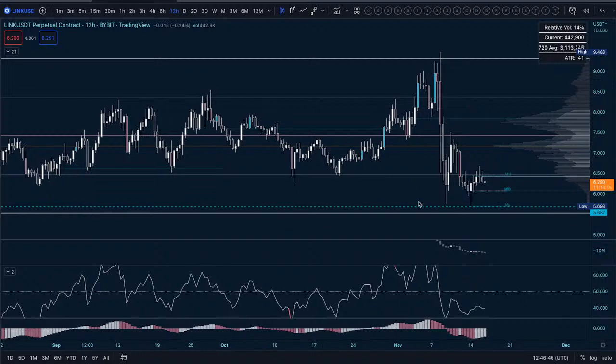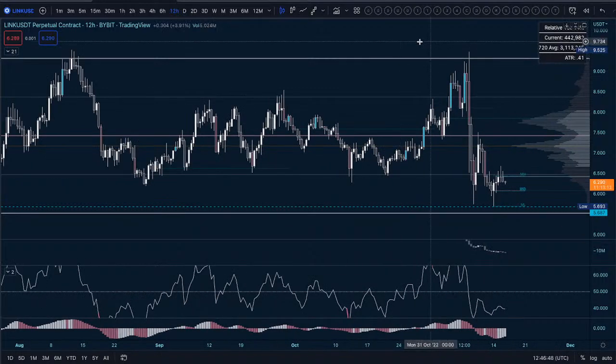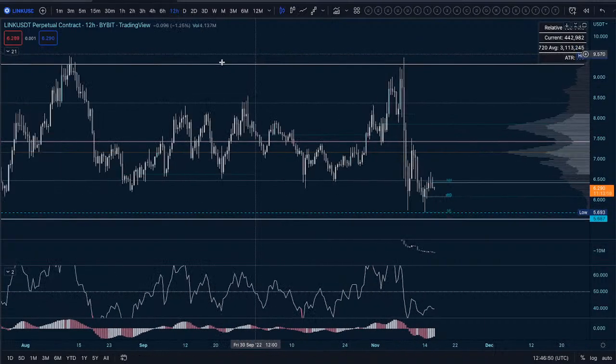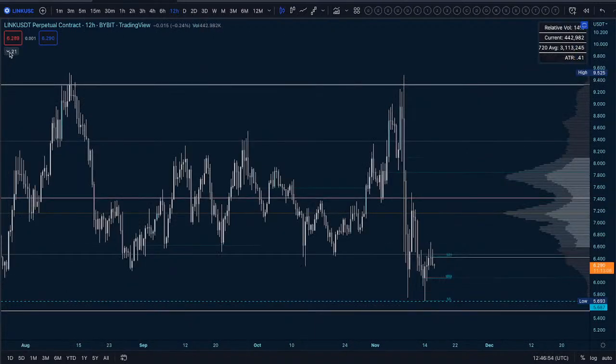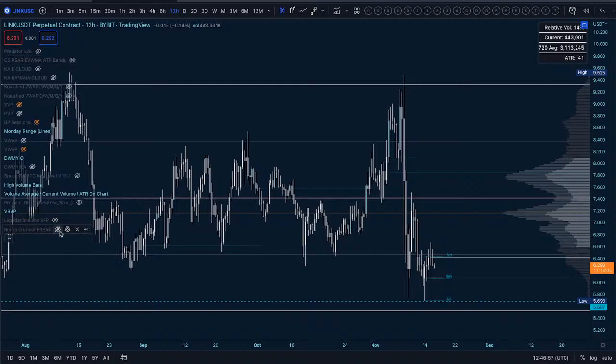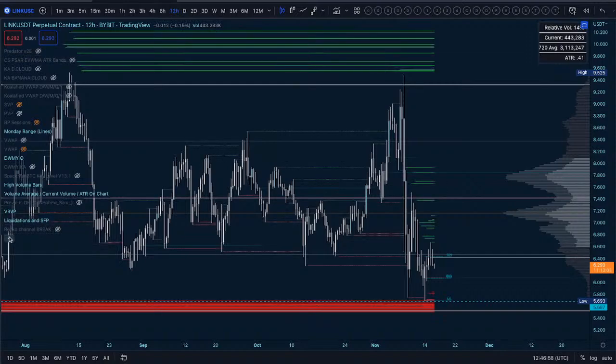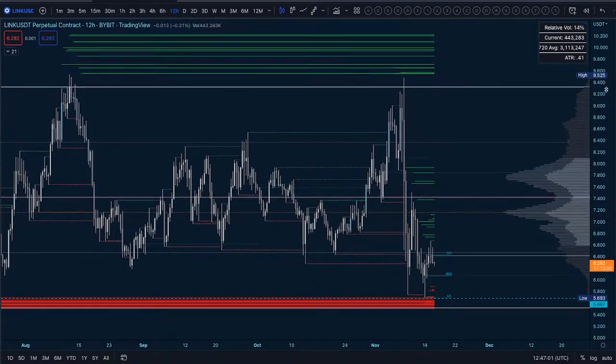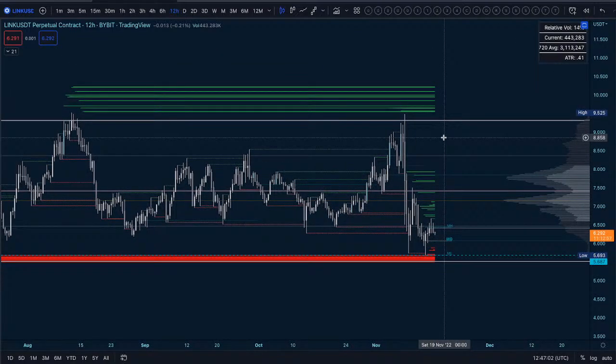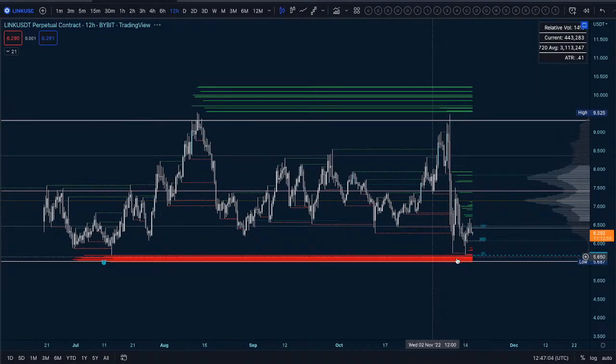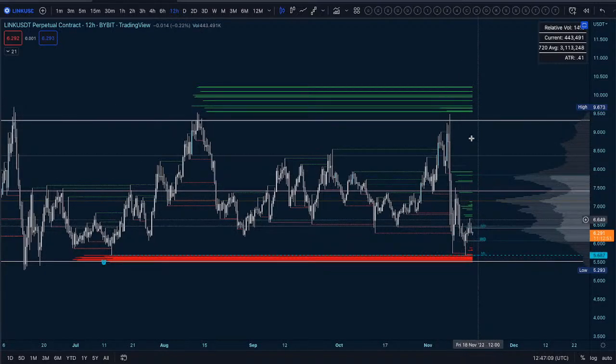Also, for the visual representation, you can use this decent traders suit. These are not the real liquidation data, but calculated, assumed liquidations.